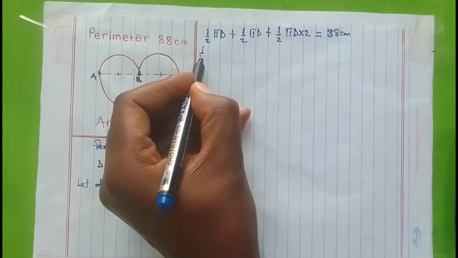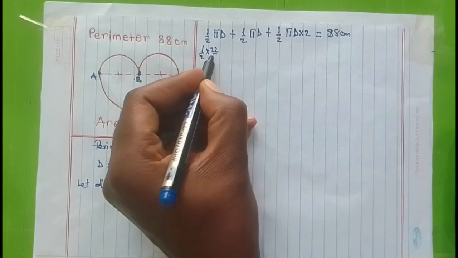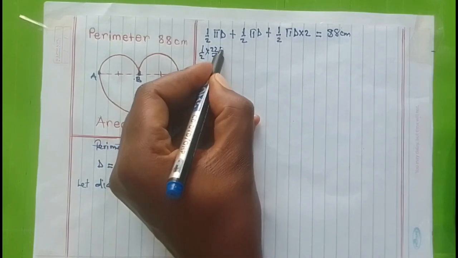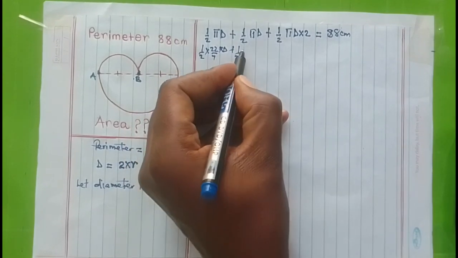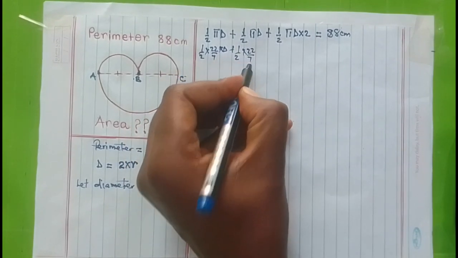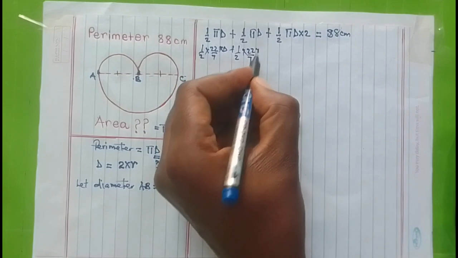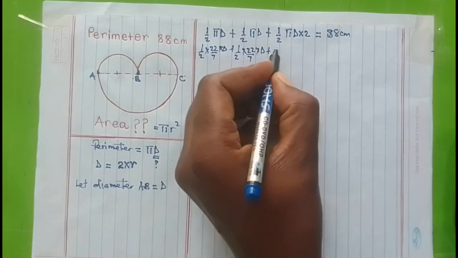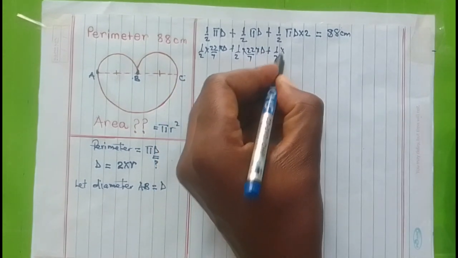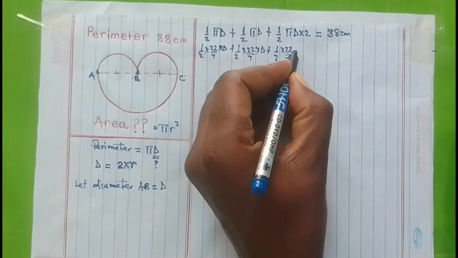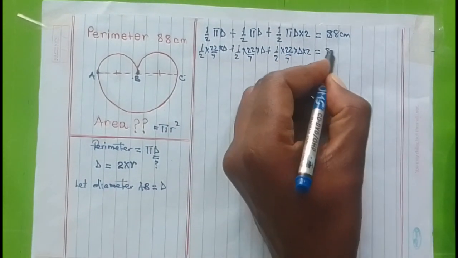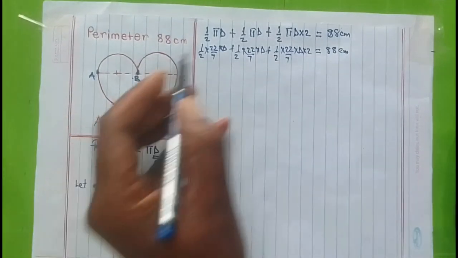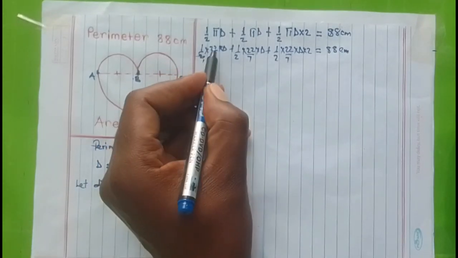We are going to have a half times 22 out of 7 times d plus a half times 22 out of 7 times d plus a half times 22 out of 7 times d times 2 should be the same as 88 centimeters. What is down can reduce what is up.